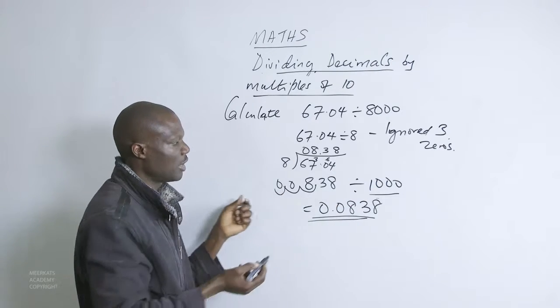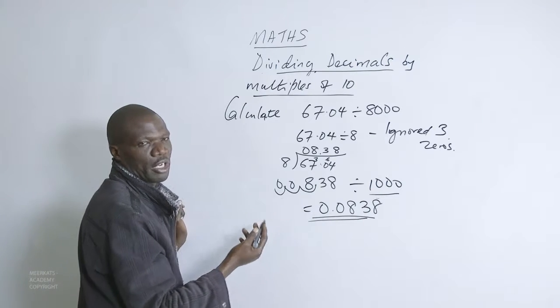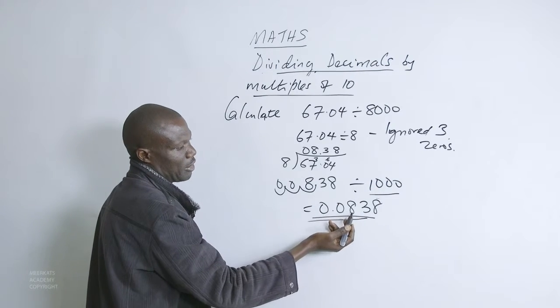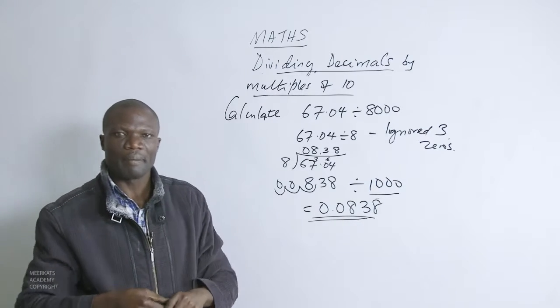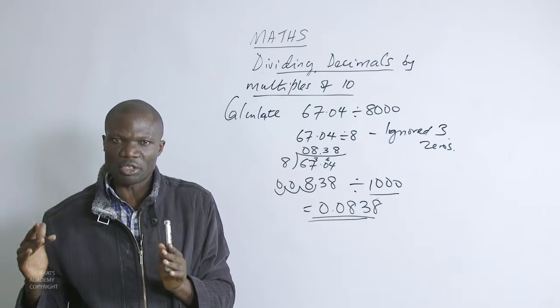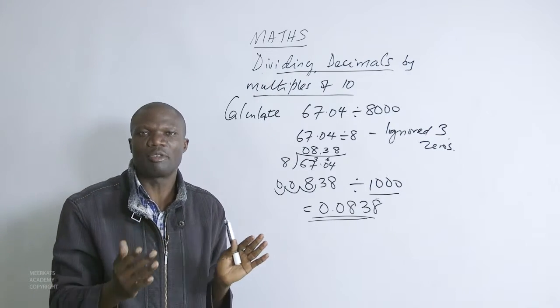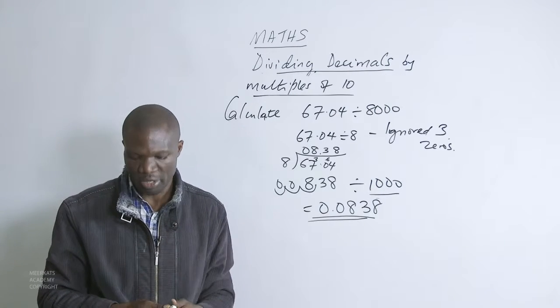That is the 3 zeros. And when we divide this, it's the same as moving the decimal point to the left 3 times. And that's how we come to settle on this. So when dividing a number by a multiple of 10, as much as we shall ignore the zeros, at the end of the answer, we bring them back and divide by the multiple of 10 that we had ignored.